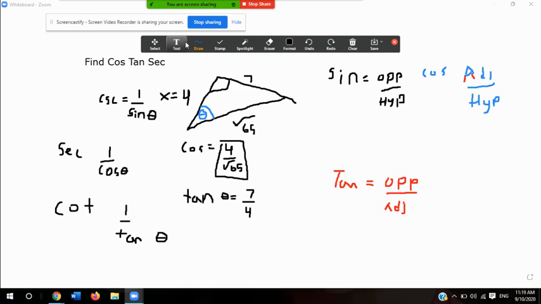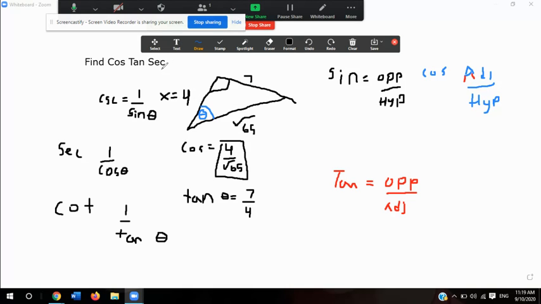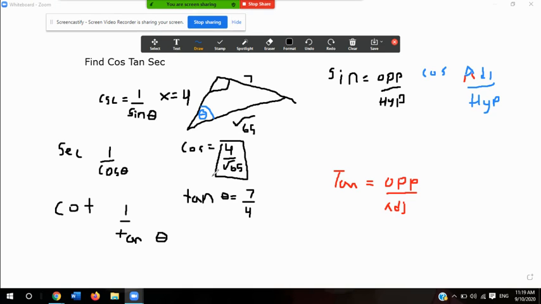Now, the last thing that I want us to find is the secant. So what we're going to do is use trigonometric ratios, so I'm actually going to go ahead and review that. To find the cosine, it was adjacent over hypotenuse, which is 4, the adjacent to z, over the square root of 65. And the tangent, which is opposite over adjacent, is the farthest side from the angle, which in this case is 7, over the closest side to the angle, which is 4, and that's 7 over 4.